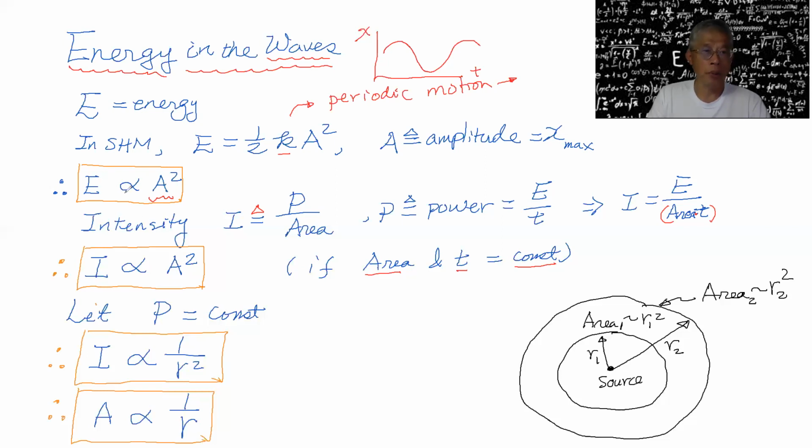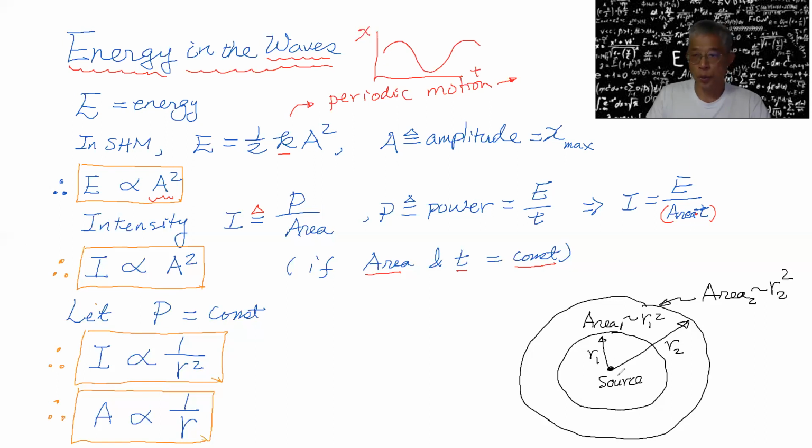Since E is proportional to A squared, I must also be proportional to A squared if this part is constant. So I's behavior and E's behavior with respect to the amplitude A is the same.